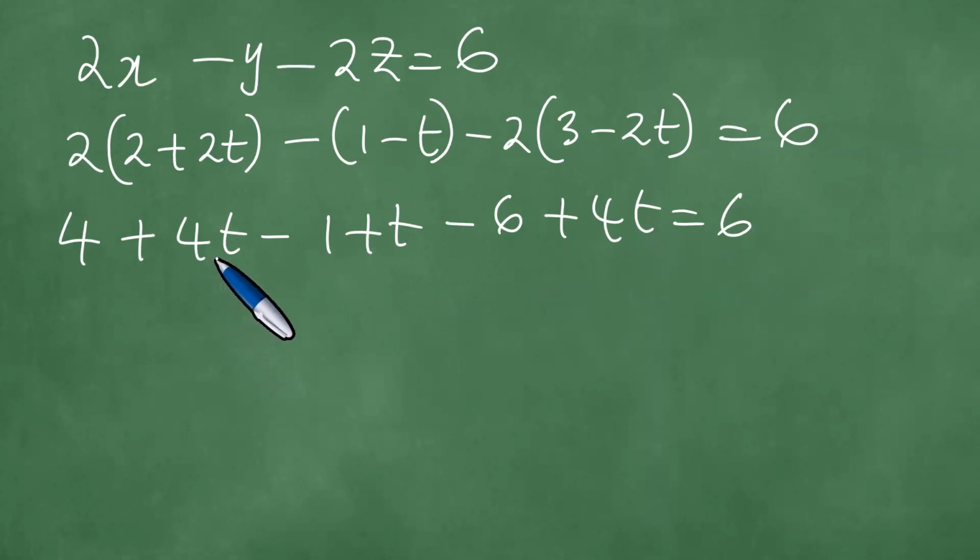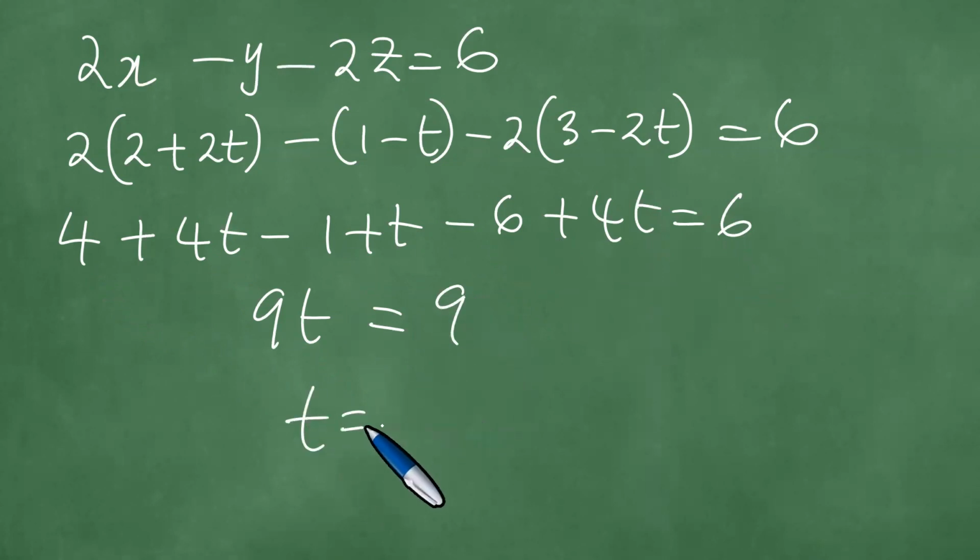Then we have 4t plus t, which is 5t, plus 4t is exactly 9t. Then 4 minus 1 is 3, minus 6 is minus 3, added to 6 gives 9. Dividing both sides by 9 gives us t equals 1.